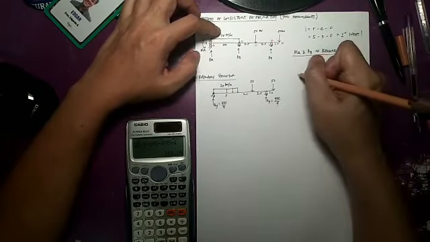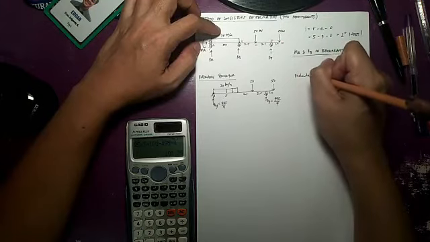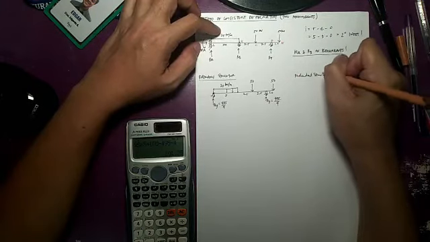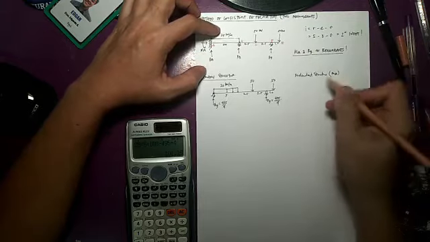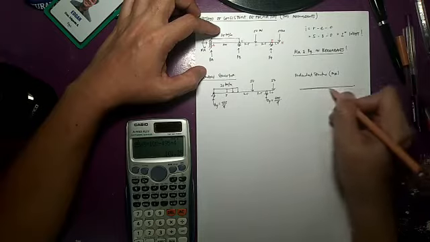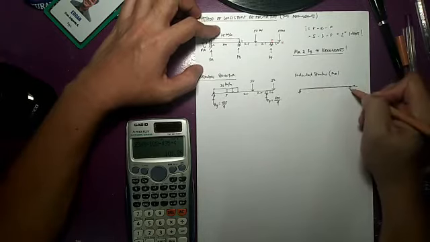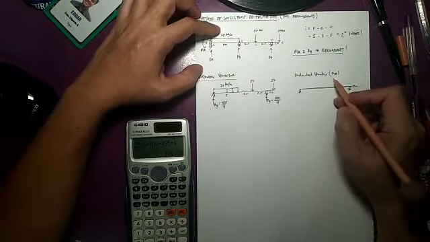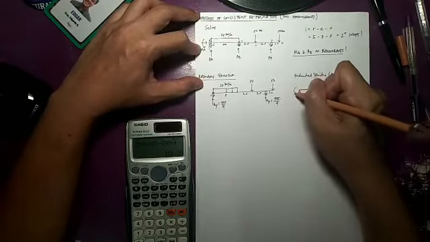Now next is to draw the two redundants. Say the redundant structure for MA. What would be the redundant structure due to MA? Just copy the beam: a hinge, then a roller there, and I'll be putting back MA. MA is counterclockwise there.